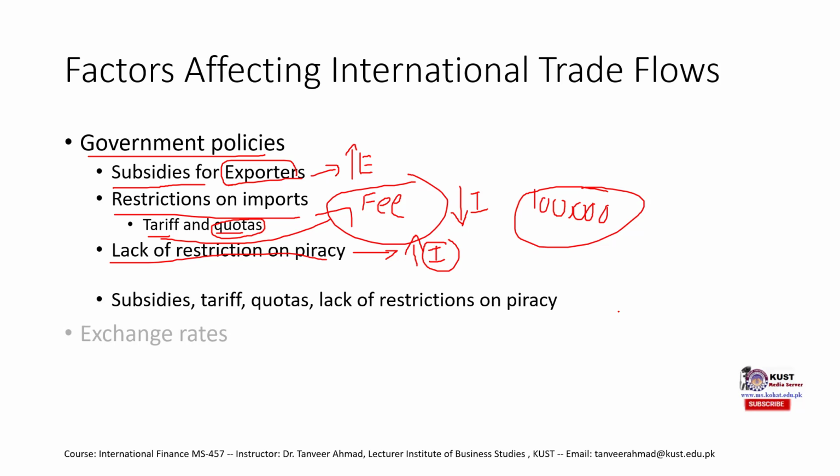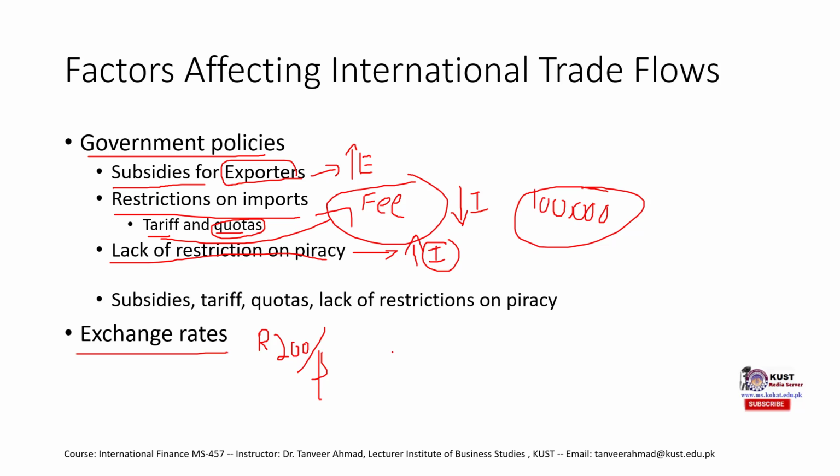So this is what we have already discussed, and the last one is the exchange rate. Sometimes the government might change the exchange rate in order to affect international trade. For example, if the currency strengthens, so for example, rather than rupees 200 per dollar, we have rupees 100 per dollar.